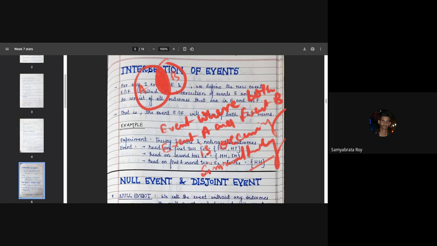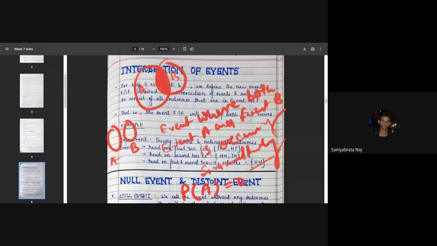Null event: an event that doesn't occur at all. The probability of such an event is always zero. What do you mean by disjoint events? Suppose A occurs, B occurs, and if I take the intersection, it will always be zero. There's no possibility that A and B can occur simultaneously.